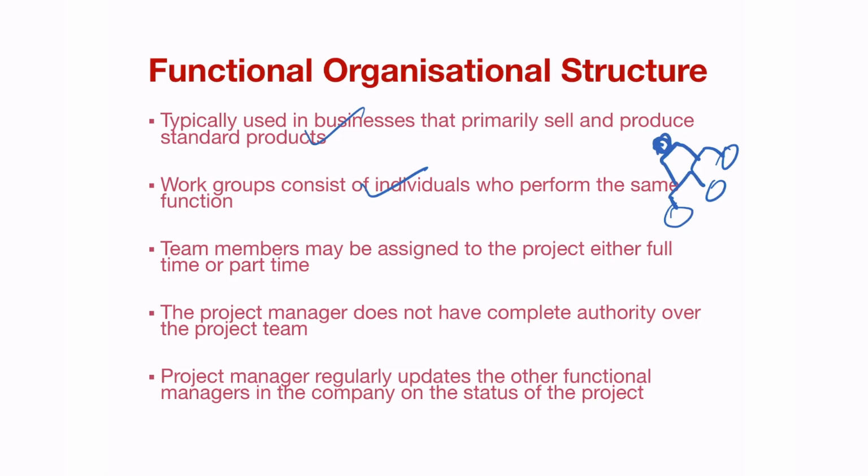Team members may be assigned to a project either fully or part-time, and the project manager does not have complete authority over the project team. When we say complete authority, it simply means that they are responsible for managing the project, but they don't have the authority over the people within the project. The project manager regularly updates the other functional managers in the company on the status of the project.